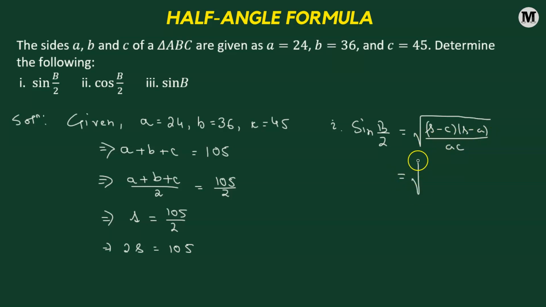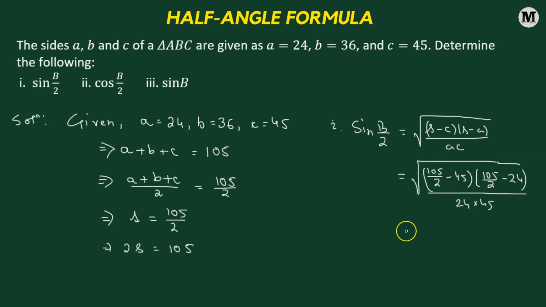So we have the square root of 105 over 2 minus C, where C corresponds to 45, multiplied by 105 over 2 minus A, where A is 24, whole divided by AC. So A is 24, C is 45. When we compute this value, it comes out to be approximately 0.444.